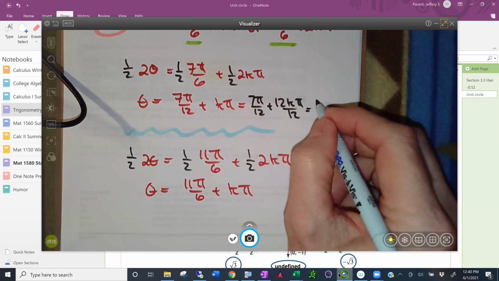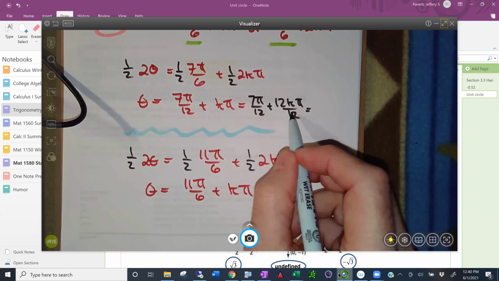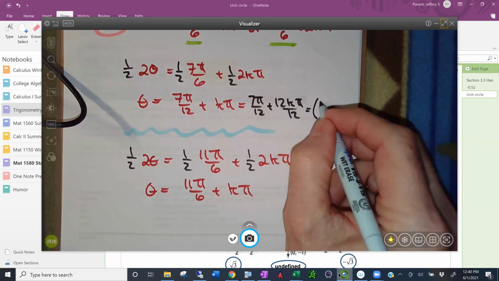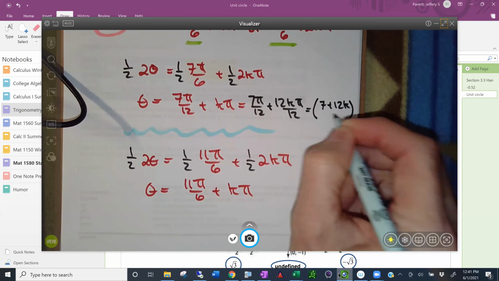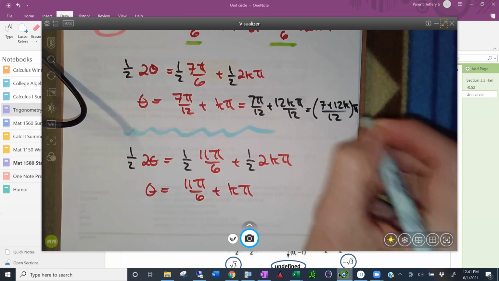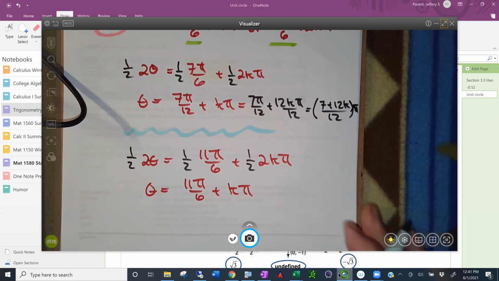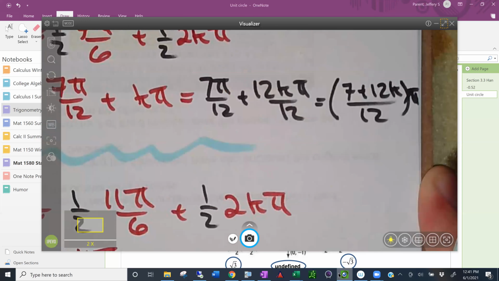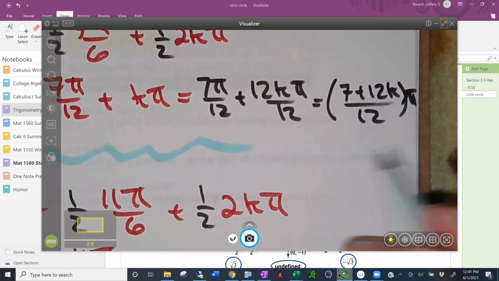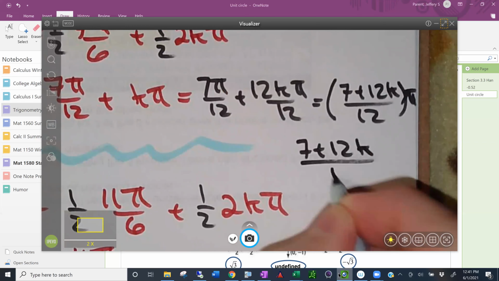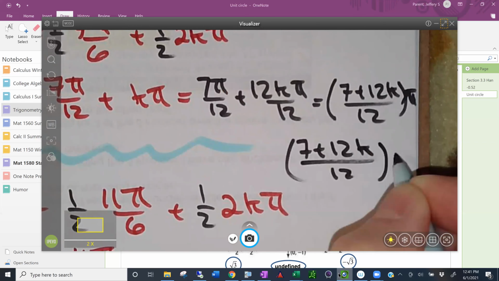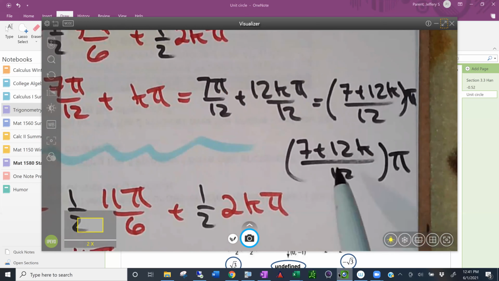Or overall, factoring out the pi, you could write this as 7 plus 12k over 12 times pi. Sorry, I ran out of room there on that last pi, so let me just write it down below. 7 plus 12k over 12 times pi. That's at least part of your general solution.